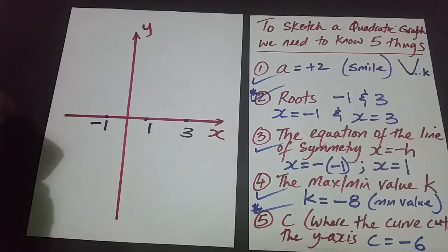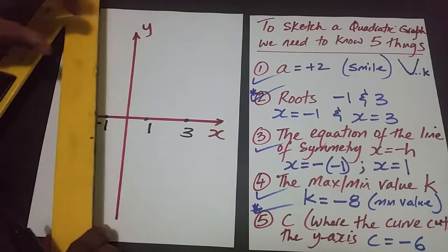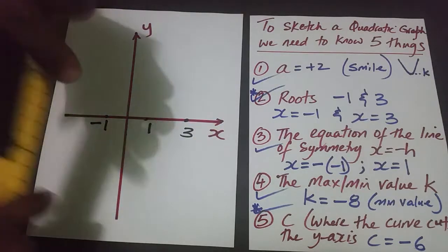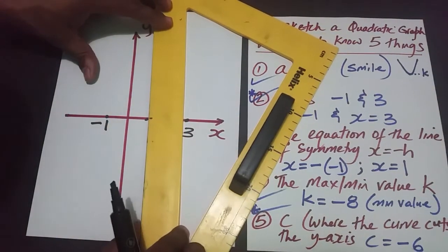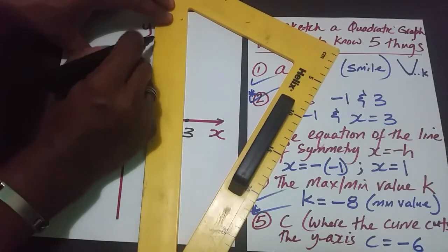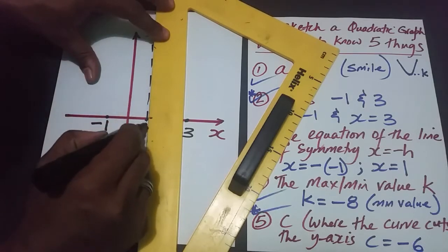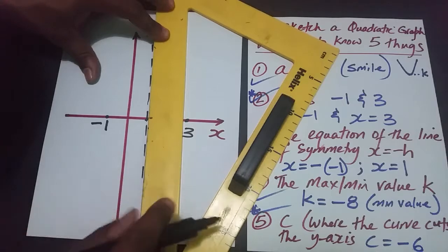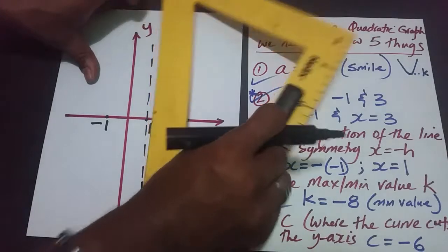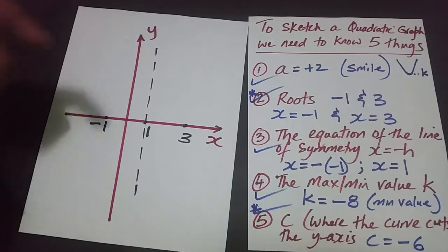Now through this, I am going to draw my line of symmetry as straight as possible, passing through the point 1 on the x-axis. So this is my line of symmetry, and this is what is going to cut the parabola exactly in half.